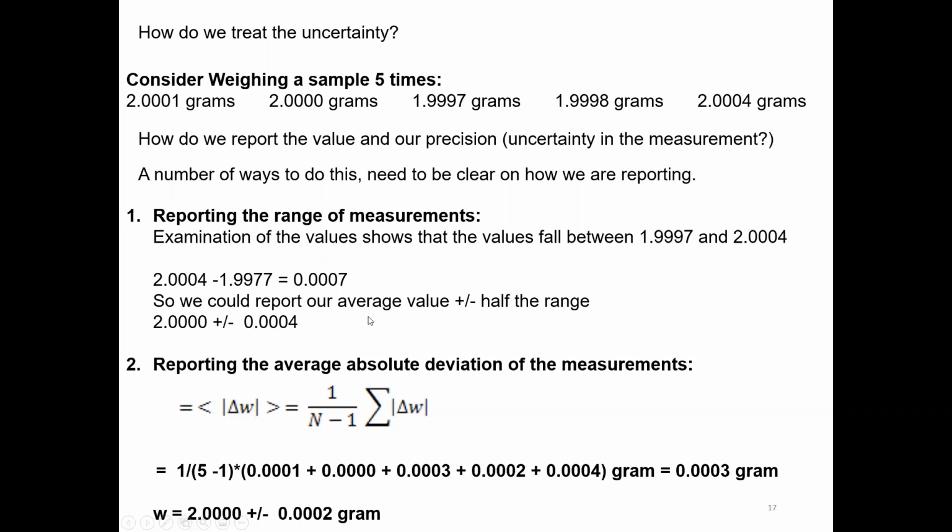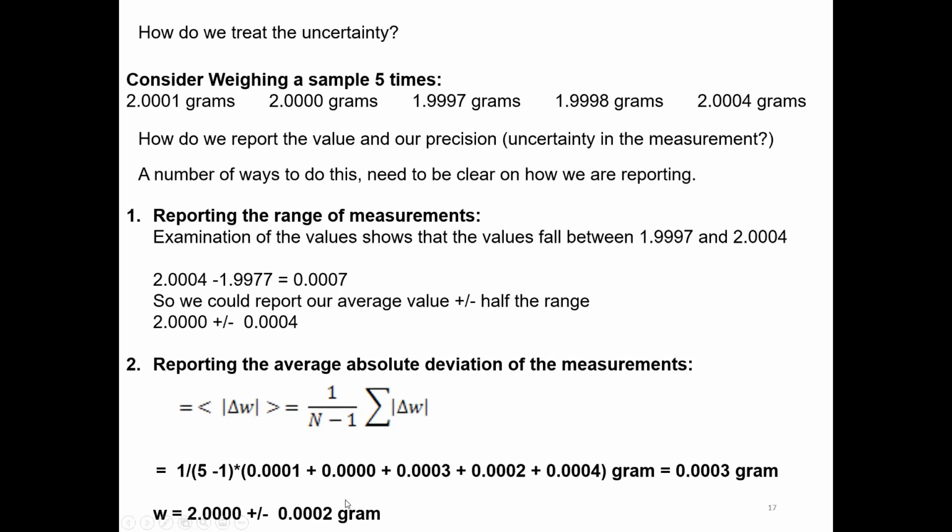I can calculate the average, which will be 2.0000, with 4 zeros, and then we calculate the average absolute deviation. The average absolute deviation is shown as this equation. So this delta W is the deviation of each measurement.